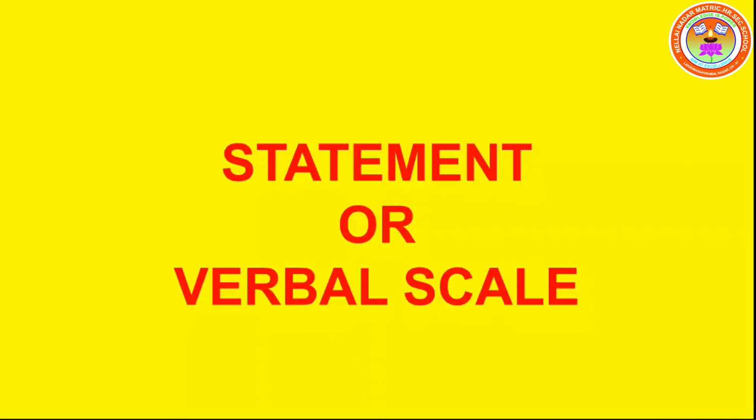In this method, the map scale is stated in words, 1 centimeter to 1 kilometer. It means 1 centimeter distance on the map corresponds to 1 kilometer distance on the ground. Thus, it is written on the map like 1 centimeter is equal to 1 kilometer or 1 inch is equal to 1 mile, etc.